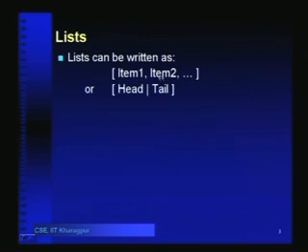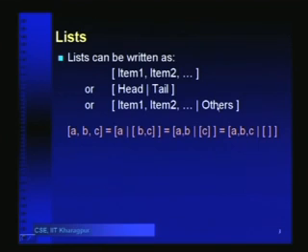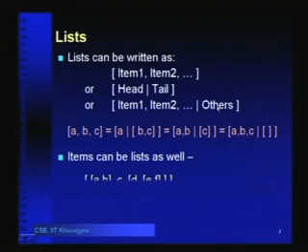You can have item 1, item 2, etc., or you can have head followed by tail. You can have item 1, item 2, and then a list. Whatever comes after this bar is another list, which is the rest of the original list. And items in the list can in turn be lists themselves.